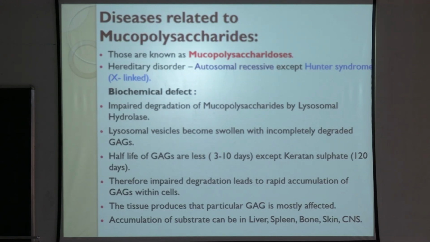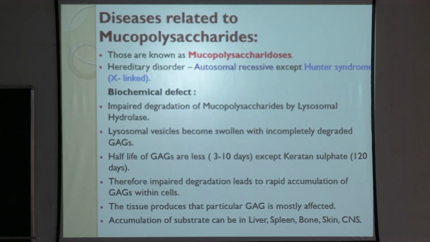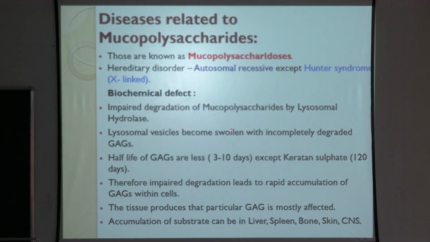For females it should be homozygous. In case of males, it is obvious. For males, X-linked diseases are more prominent, they always show the disease. Only one X is there, so it will show the disease.